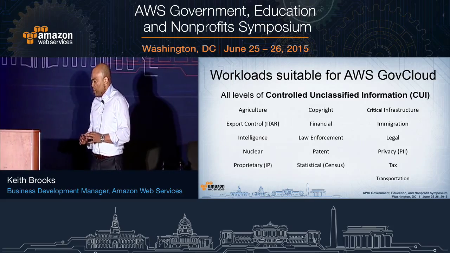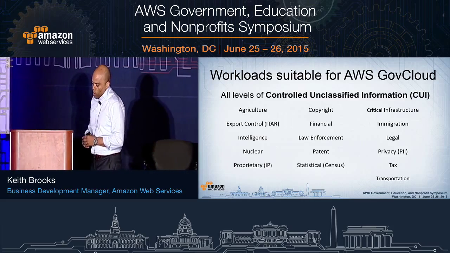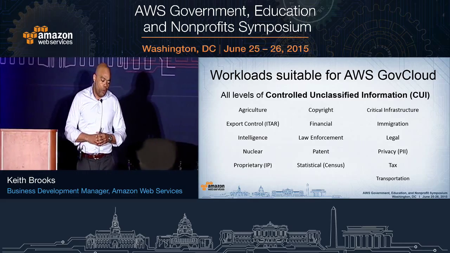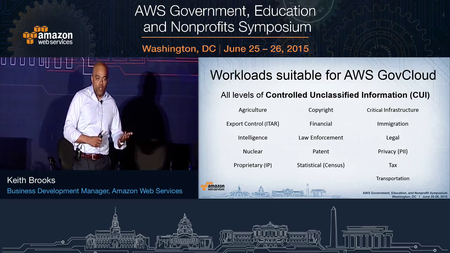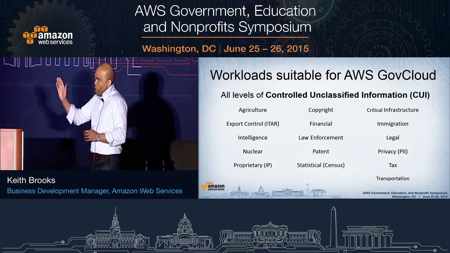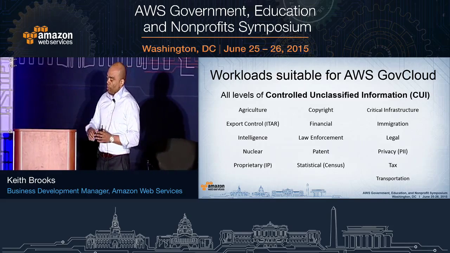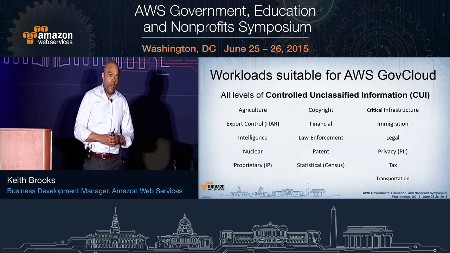Well, we purposely built GovCloud for workloads that meet the criteria of being sensitive, whether that's defined by the organization that's using GovCloud or information that falls under one of these categories of controlled unclassified information.